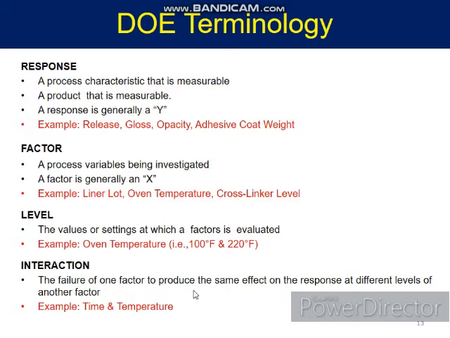Let's say if you increase the number of eggs from 1 to 2, then the softness of the bread will improve. As the number of eggs increases, softness increases. But that effect is only true for, let's say, 100 degrees Celsius of baking.